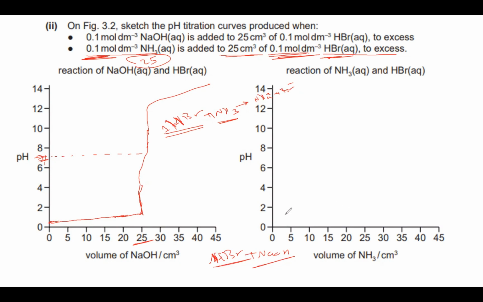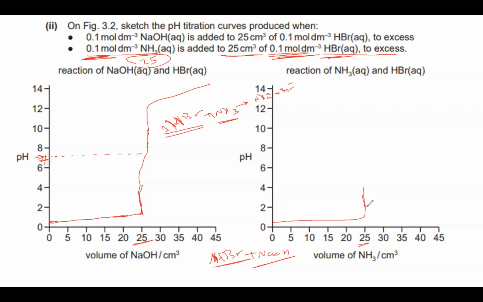So when we started drawing the curve, we started from very low pH, and we see that the significant change in pH occurs when we add 25 of NH3.